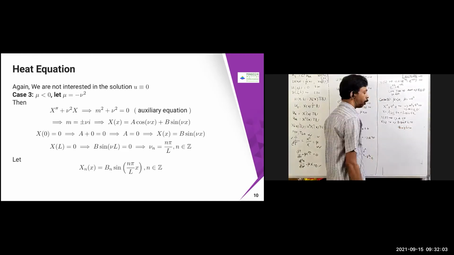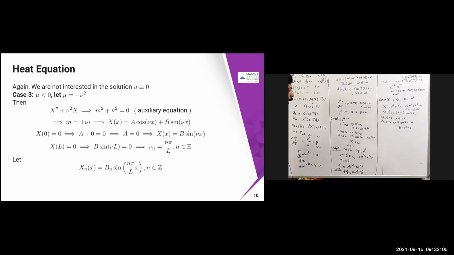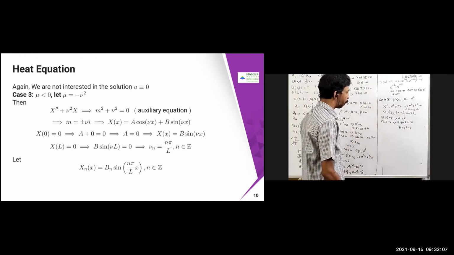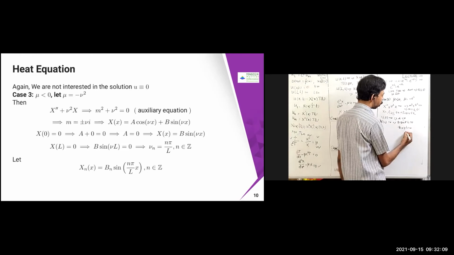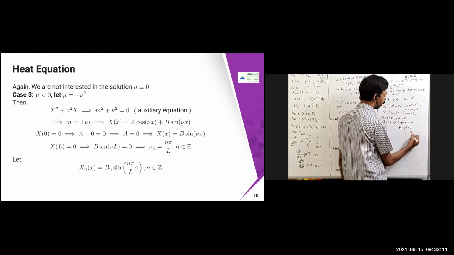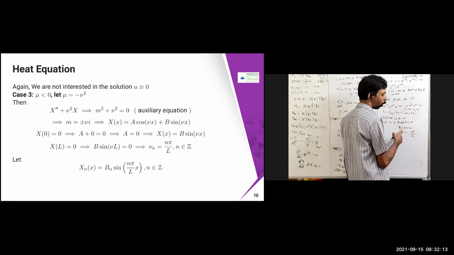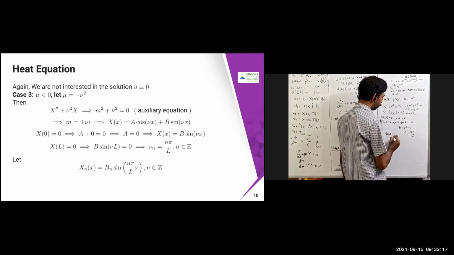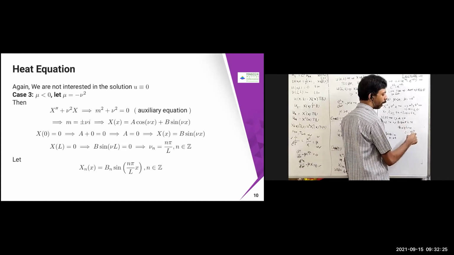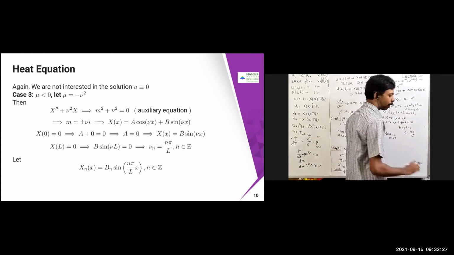But sin νL can be 0 for many cases. Whenever νL is equal to nπ, sin x is going to be 0 if x equal to nπ, for all n belonging to Z. So that means ν equal to nπ by L, and in that case sin is going to become 0.